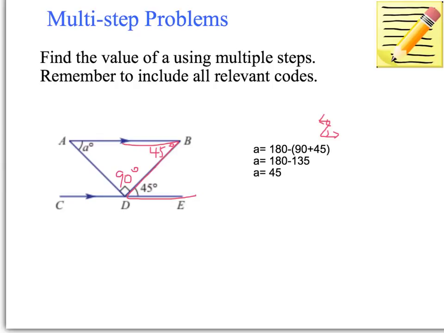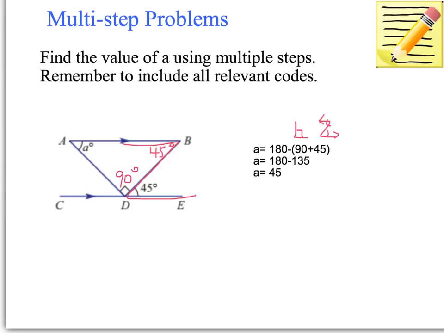So now we know what those two angles equal, we can work out what A equals. We know that all the angles in a triangle add up to 180 degrees. So we're going to put 180 minus 90 and the symbol there, and because it's alternate, we know that that angle was 45 degrees.